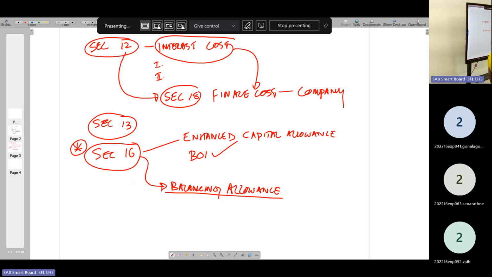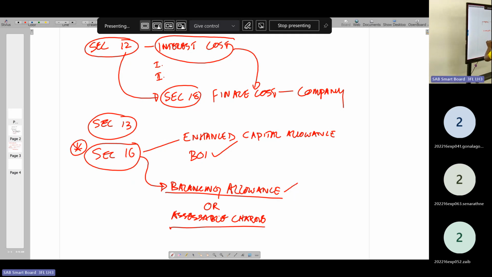As well, in case of the disposal, transfer, or abandonment, we have to work out balancing allowances or, in other words, assessable charges.